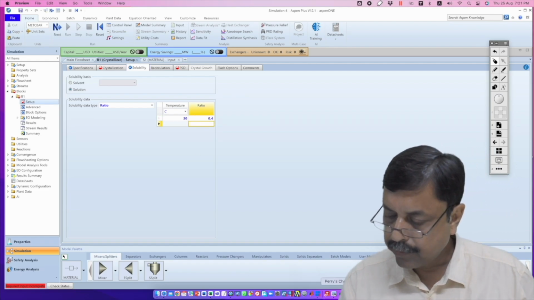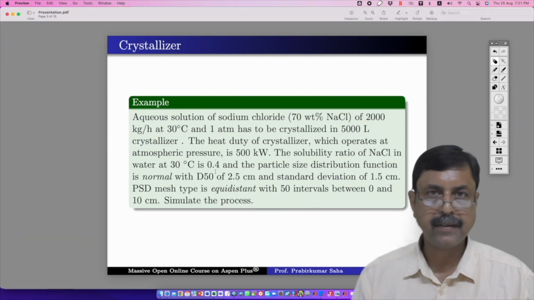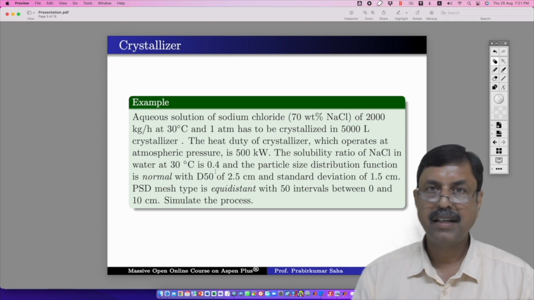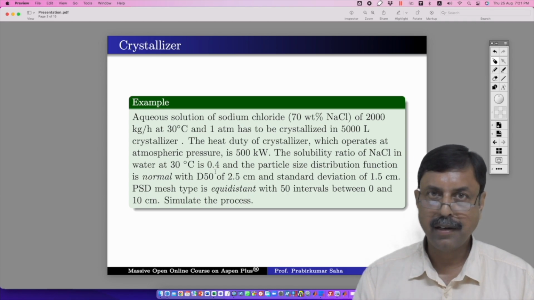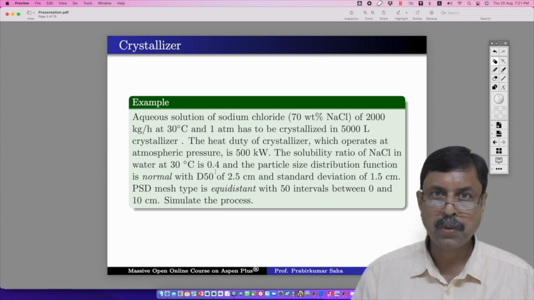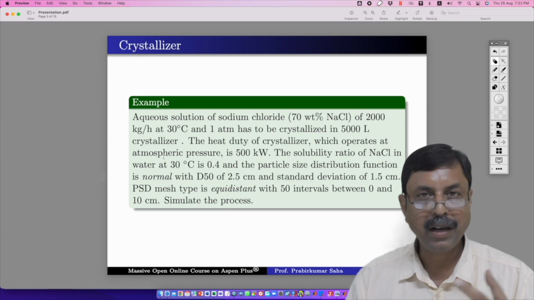This is the information that we have as per the problem, but as I explained, we have not fixed the temperature of the crystallizer at 30 degrees centigrade. Rather, we have given the heat duty, so temperature is variable. Now we do not know at what temperature it will operate, so we have to give some more information. We really cannot work with only one temperature.